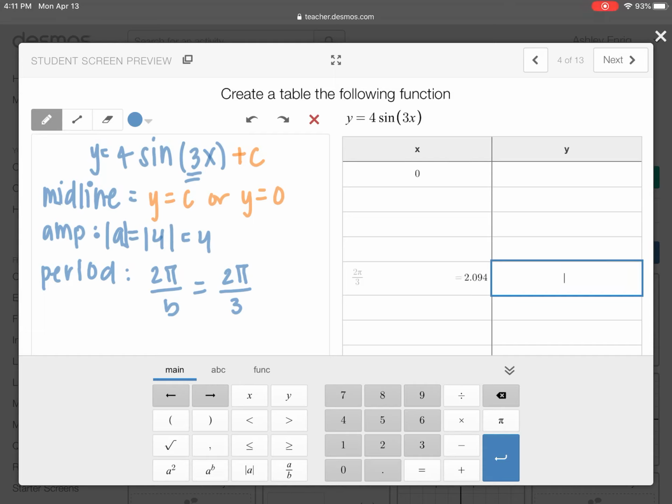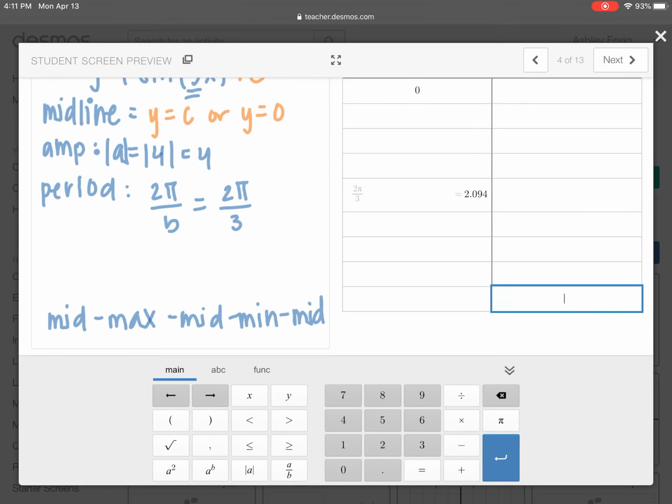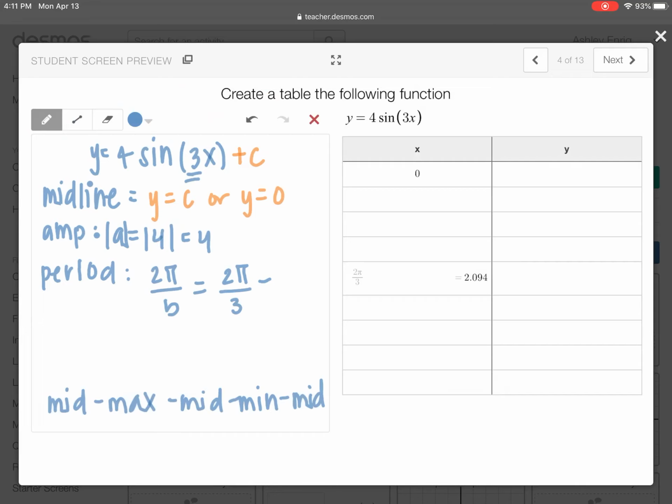What you're going to do is split that decimal up into 4 sections. Take the period, 2.094, and divide it by 4, and that will give you your other 3 values.